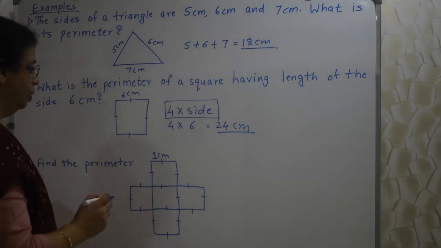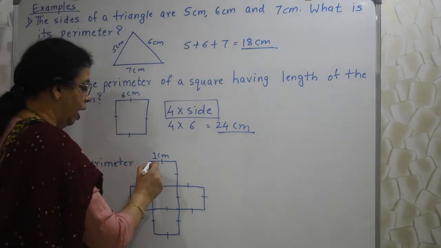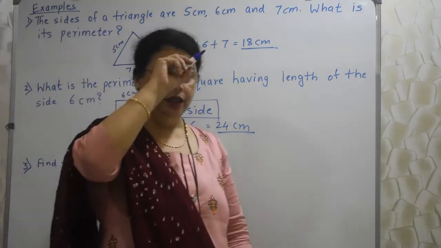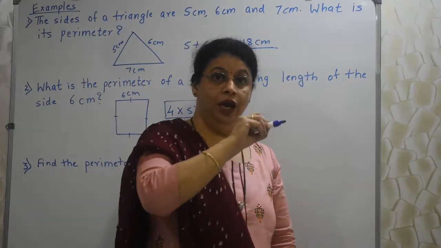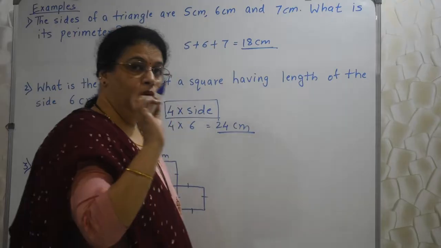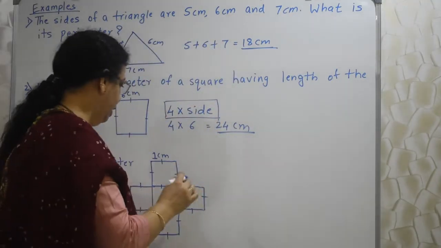Here, students, you need to see and count the number of sides which are in the background, the outer boundary. Do not take any lines which are inside. Be careful.